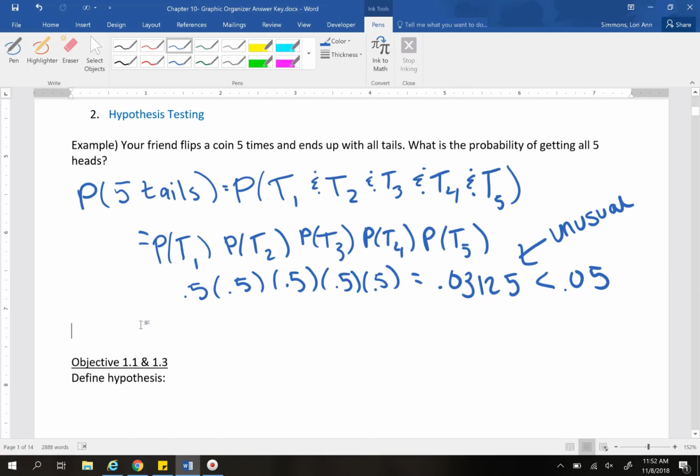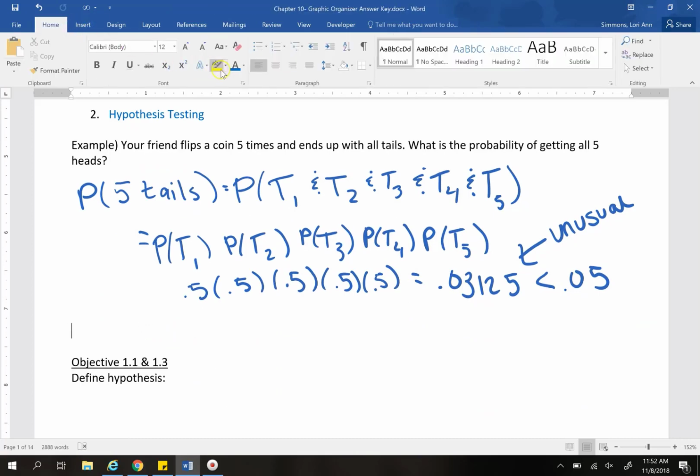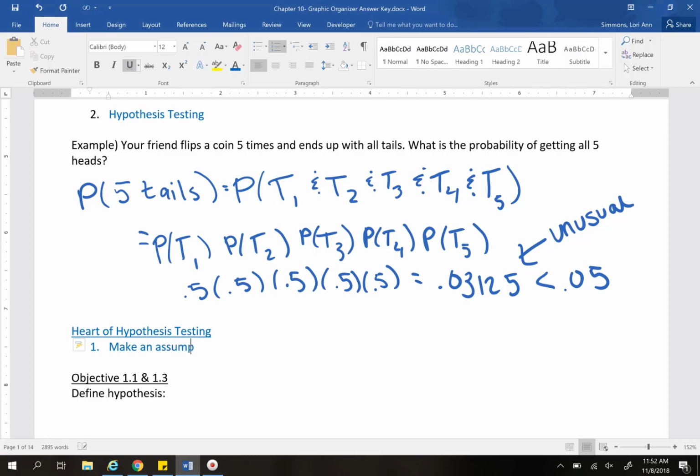So we have the heart of hypothesis testing. First part is make an assumption about reality.